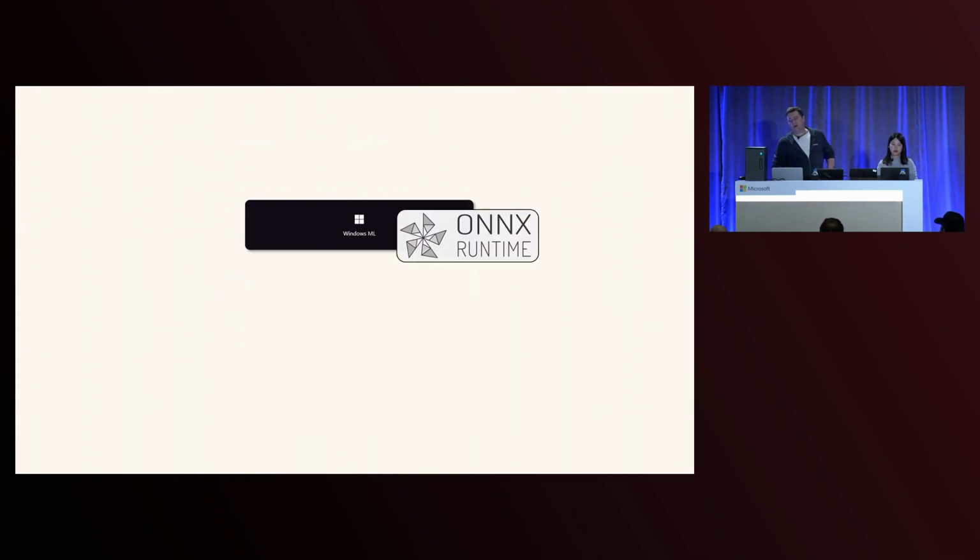This new Windows ML is built around the ONNX runtime as its underlying tensor engine. If you're not familiar with the ONNX runtime, it's a fast, open, mature inferencing runtime that I'm sure some of you in the room have either kicked the tires on or maybe you're even using it in your apps today. And because it's built around the ONNX runtime, it's also designed to work with ONNX models. The ONNX model format is an open standard format that's designed to give really high inference performance.